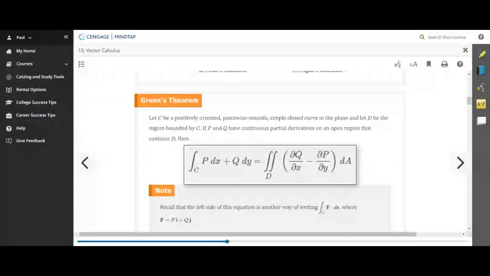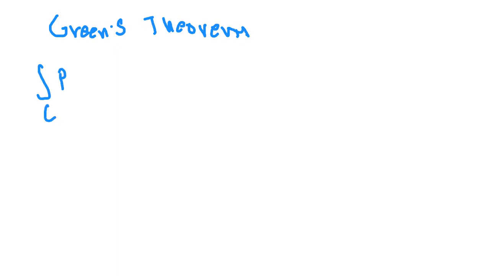So I want to just go to the whiteboard for a moment here, and I want to write Green's theorem down. Section 13.4. All right, just making sure.